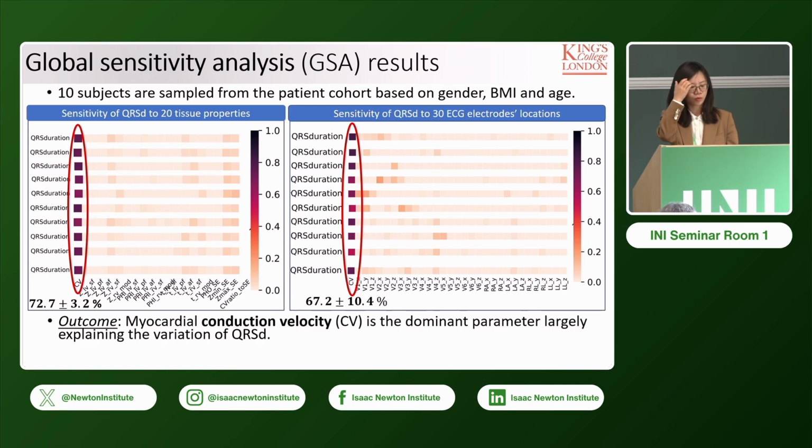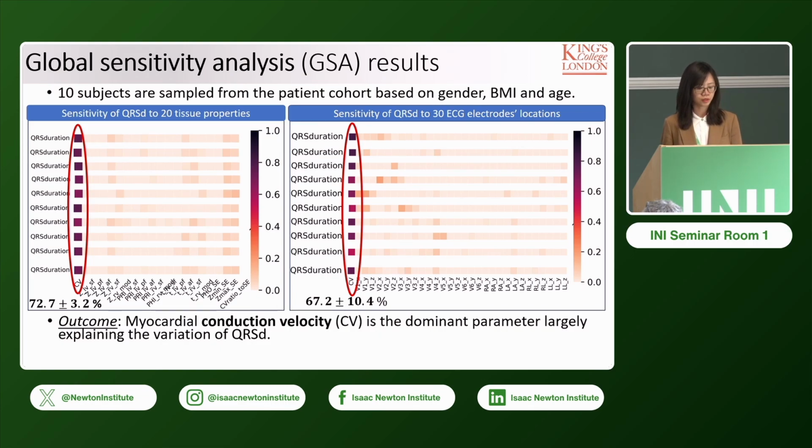Here we show our global sensitivity analysis results. We took 10 samples from our patient cohort based on their sex, BMI, and age. First we did the sensitivity analysis for the QRS onto the first 20 tissue-level properties, and we found that the CV, the myocardial conduction velocity, explains 73% of the variation of the QRS duration.